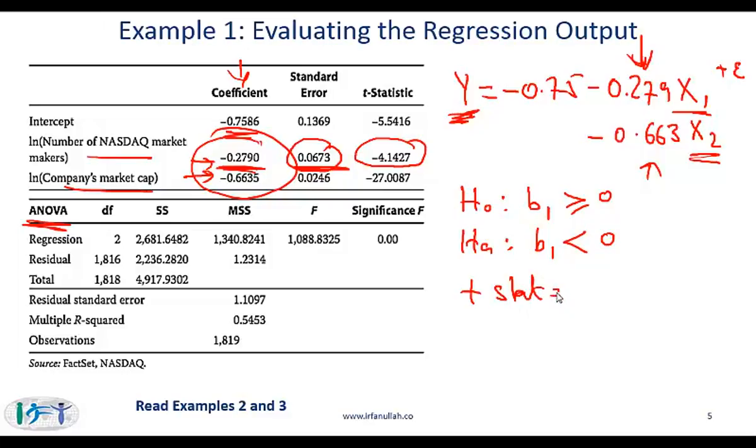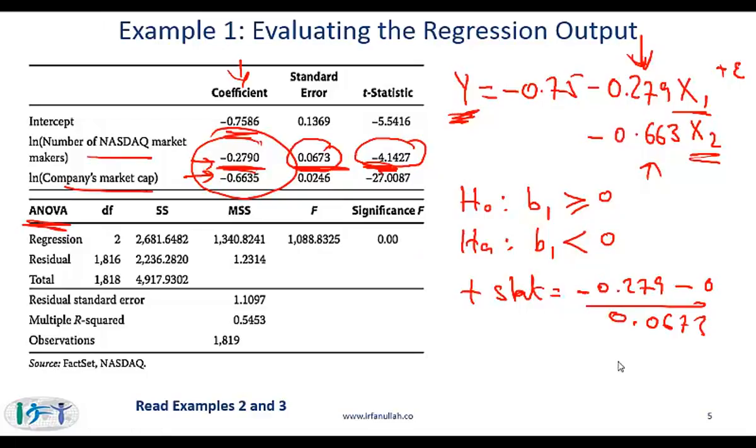So what was the formula for the t-stat, given that you are doing a t-test over here? That formula, and this is something we saw in the previous reading also, minus 0.279 minus the hypothesized value, which is 0, divided by the standard error, which is given. So that is 0.0673. When you do the math, you should come up with this number. And then standard hypothesis testing.